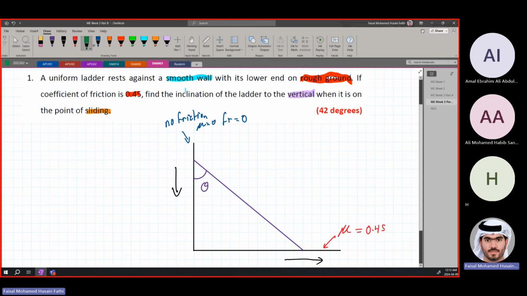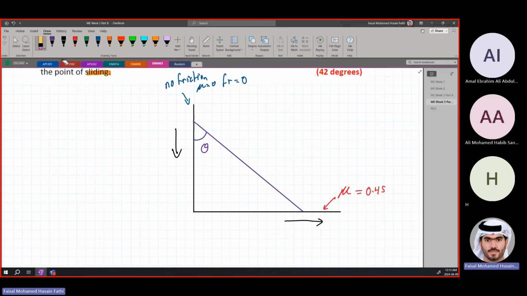However, we have a normal force pointing towards the ladder. This is our normal force. But the reason it's usually drawn on the other side is it just makes it a little bit easier to see. That's it, so that it does not get too confusing. So we can just draw it on that side.